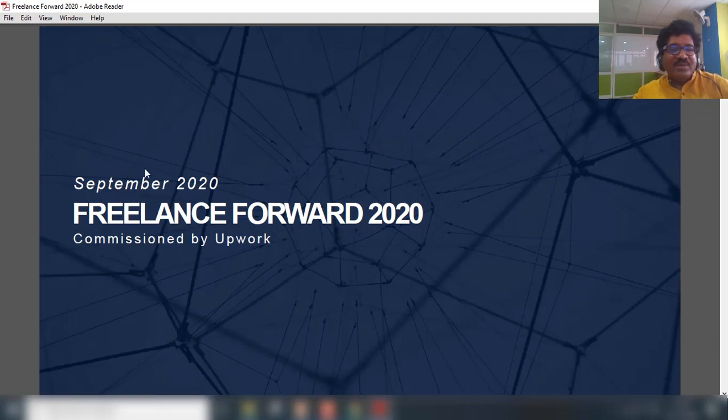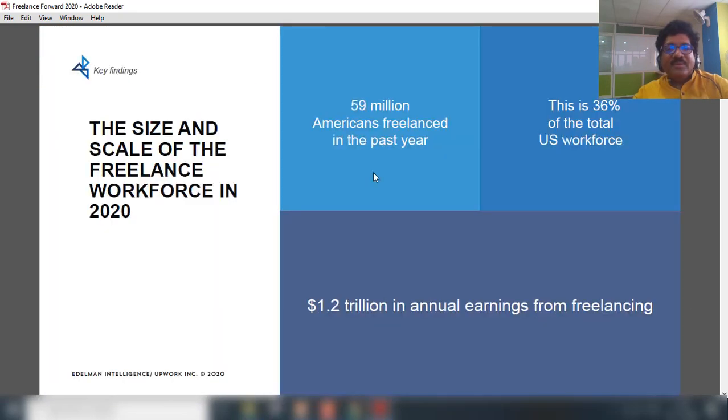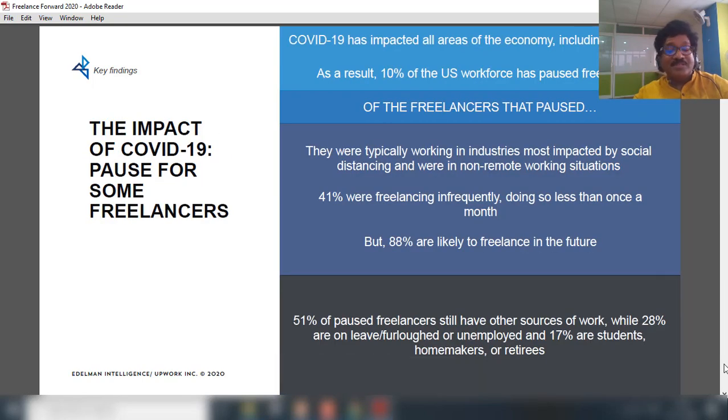This report, published in September 2020, is called the Freelance Forward 2020, commissioned by Upwork. 59 million Americans freelanced in the past year, and as I said, 1.2 trillion US dollars were generated in annual earnings by freelancing. And you know what? 36% of the total US workforce is currently into freelancing, and this is found to be happening across the world, and the numbers will further increase.